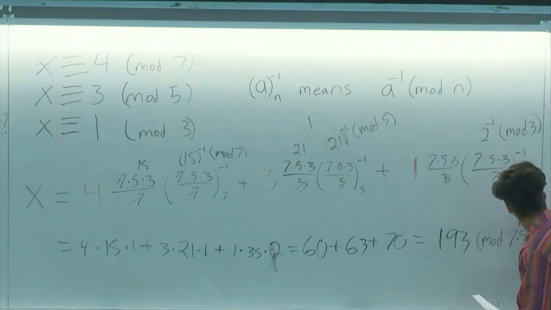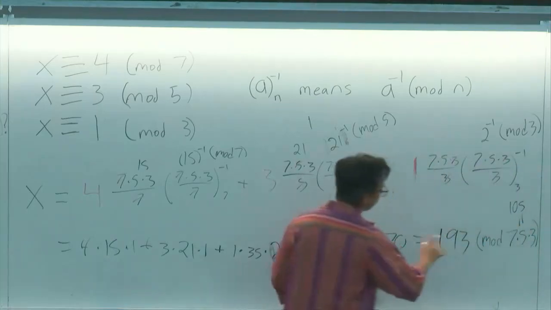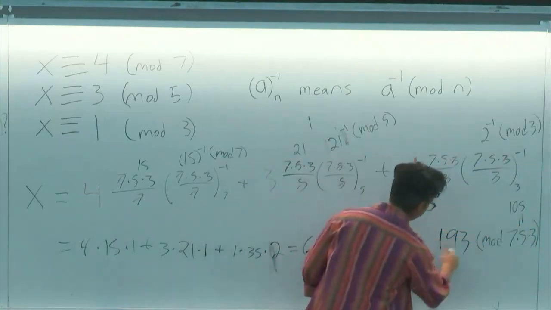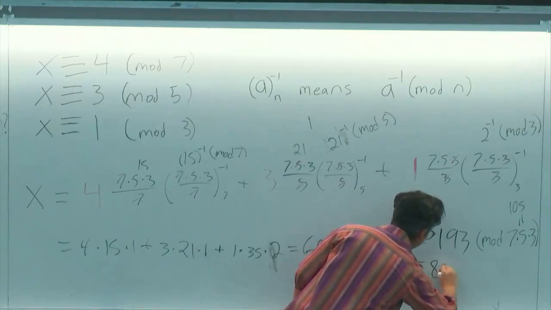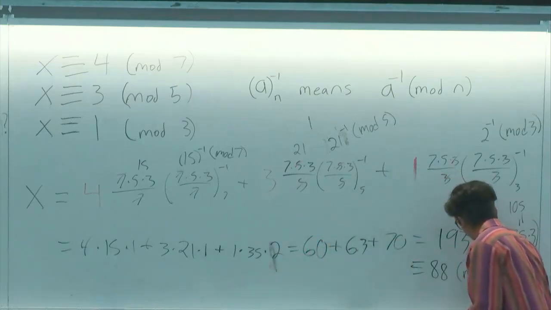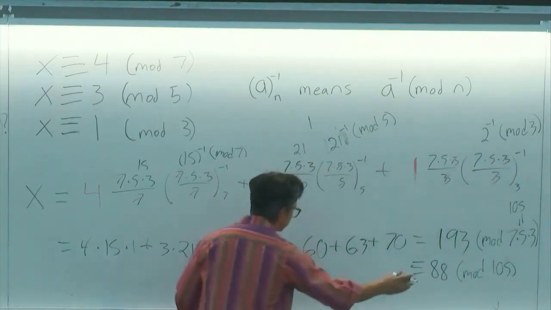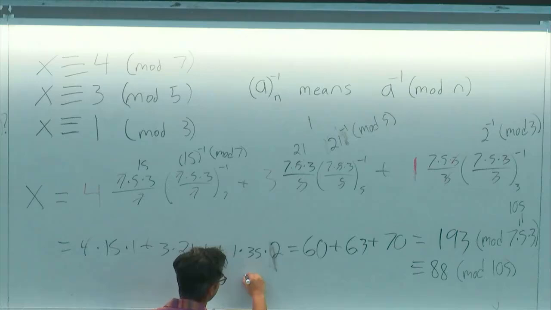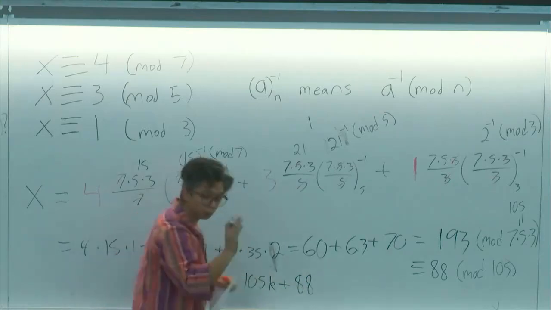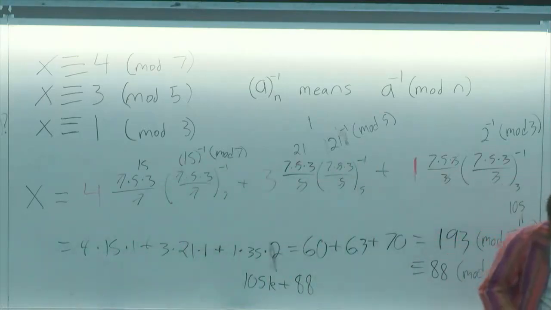So the set of solutions is congruent to 88, if we're looking mod 105. And really the thing to check is that all the solutions we have are going to look like 105k plus 88. Those are all possible solutions.